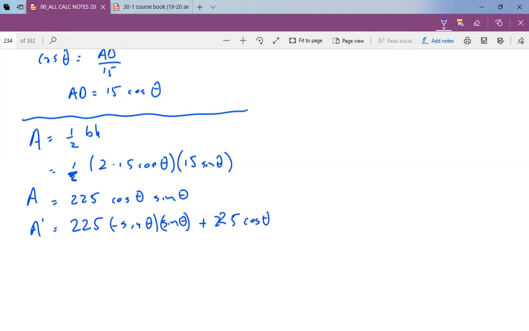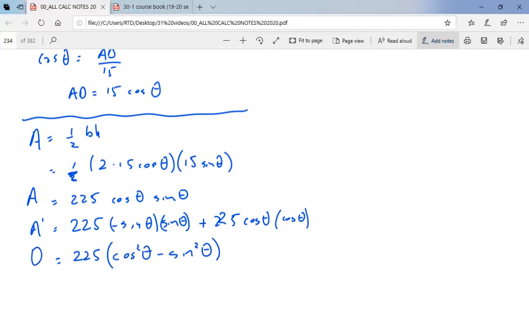Cosine stays there, and then the derivative of sine is cosine. Clean that up a little bit. The common factor 225. We have 225 cos squared theta minus sine squared theta, just swapping things around to clean it up.